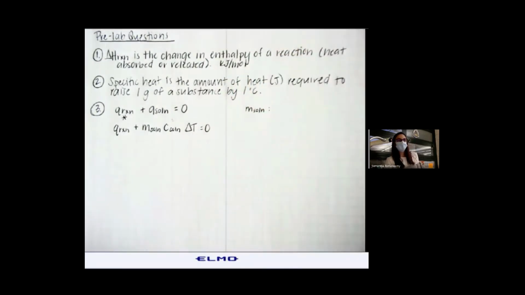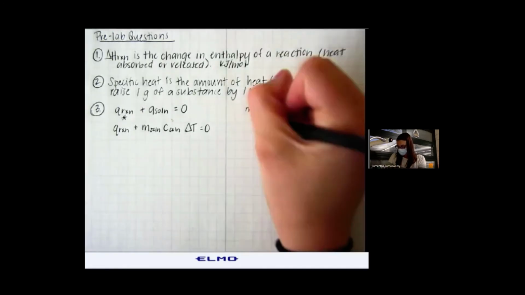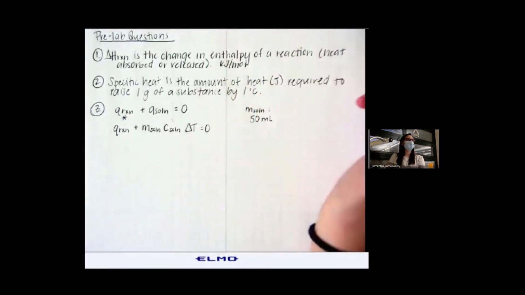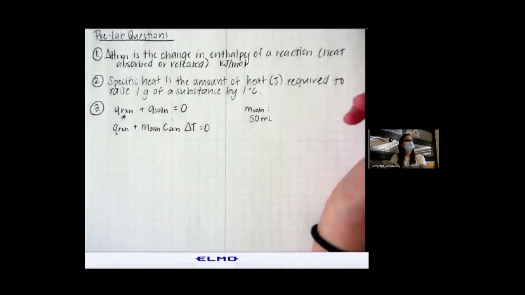Like yesterday, when you mix 2 solutions together, you have to use the density to go between the volume and the mass. In this problem, we are combining 25 milliliters with 25 milliliters. So we have 50 milliliters total of solution. That's just from the problem.